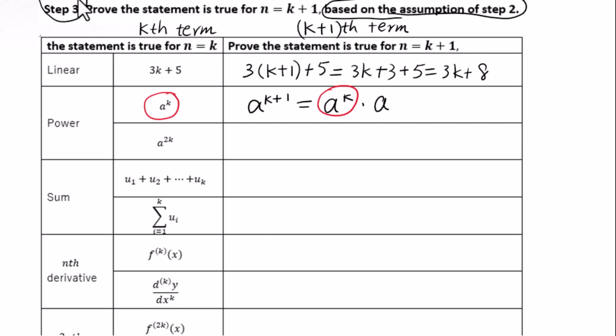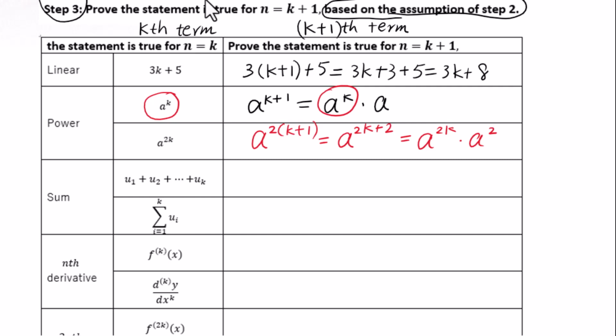For a to the 2kth power, the next term will be a to the 2 times k plus 1th power, which equals a to the 2k plus 2th power. That equals a to the 2k times a squared.